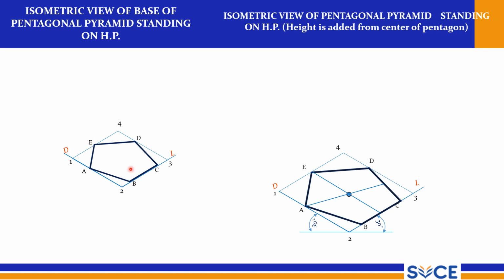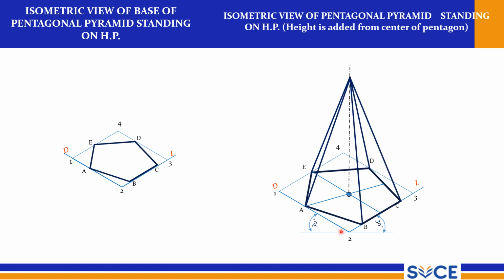So this is a pentagon, and this is the pentagonal pyramid which is standing with the given height from this center point. From this center point you can draw the height, and that is the axis line. So this is the axis line, and from every corner you can connect it, right? So this is the isometric view of the pentagonal pyramid which is actually standing, right?